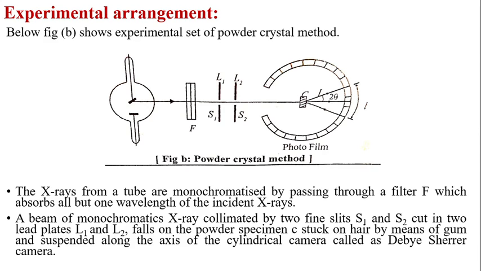Now the angle theta is varied from 0 degree to 90 degree, because we are rotating the camera. See here, the angle is 2 theta for the camera, and we are rotating the sample by theta.